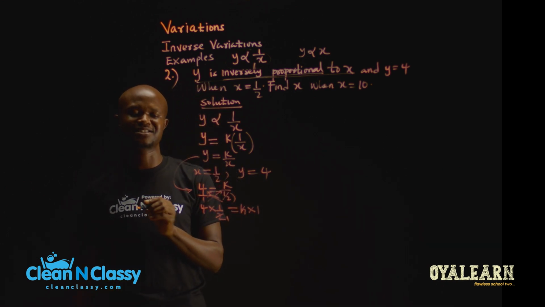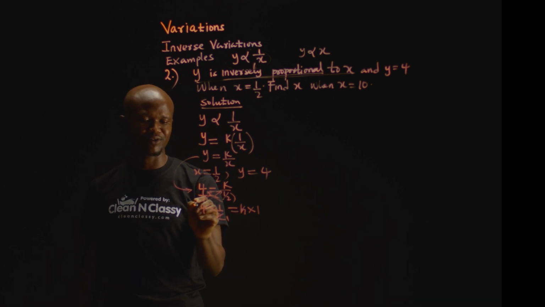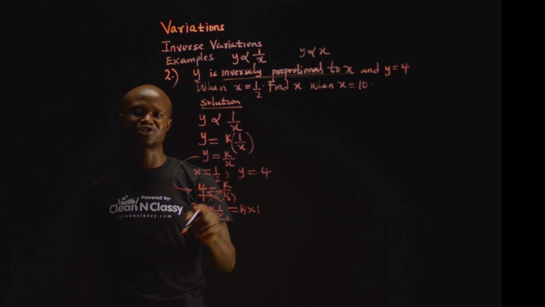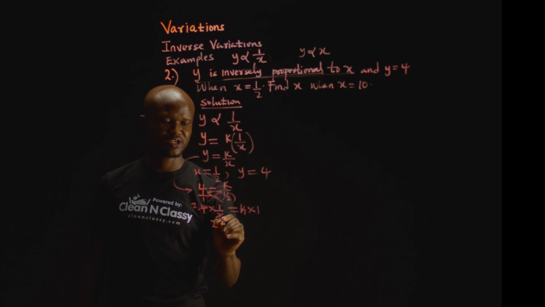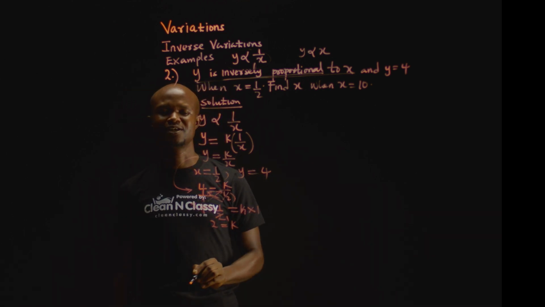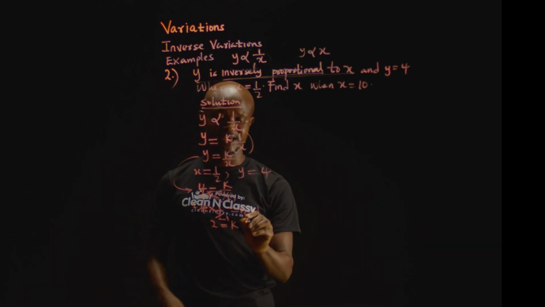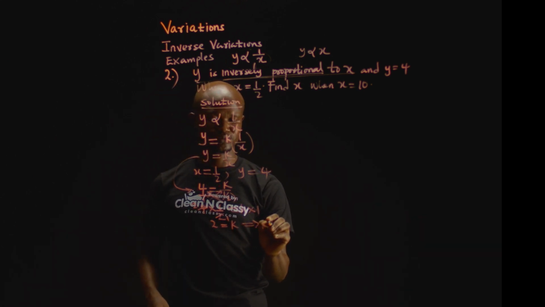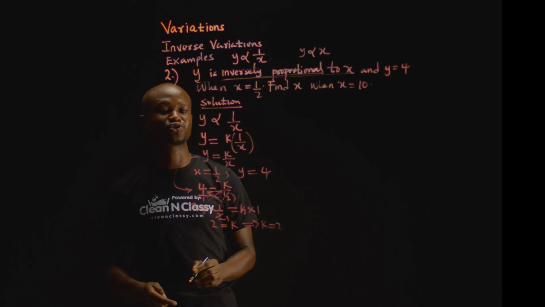We can simplify this: 2 here, 1, then 2 here, 2. 2 times 1 is 2, equals k times 1, which is k. So the value of k is equal to 2.